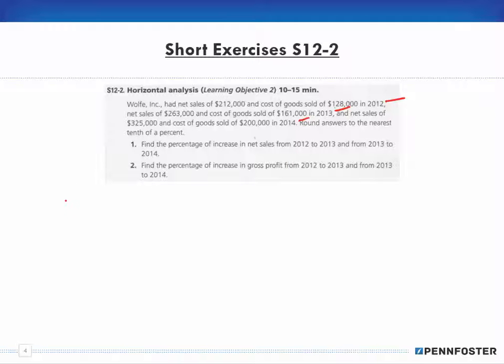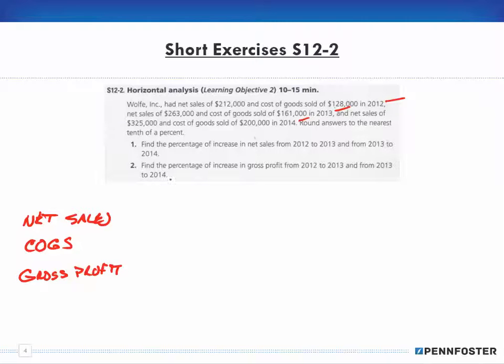All right, so let's do all of this in one fell swoop here. We're going to look at net sales, and we have the cost of goods sold, which then gives us our gross profit.